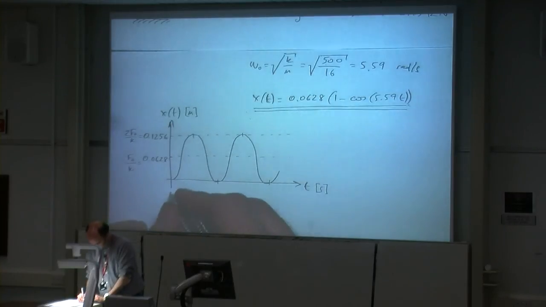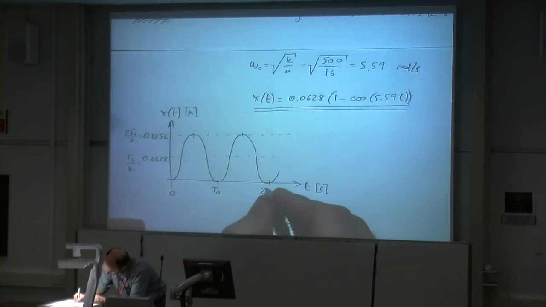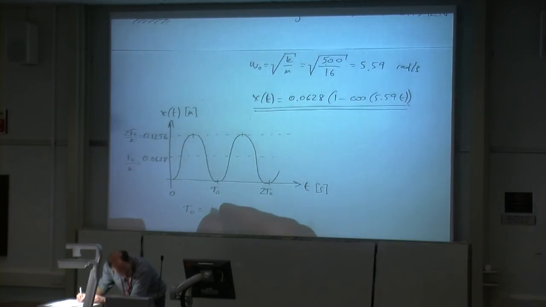This is 0. This is t naught, 2 t naught, and t naught is 2 pi over omega naught.